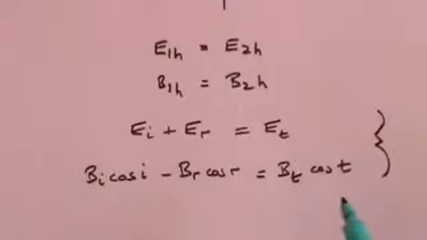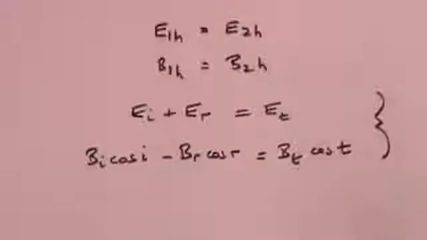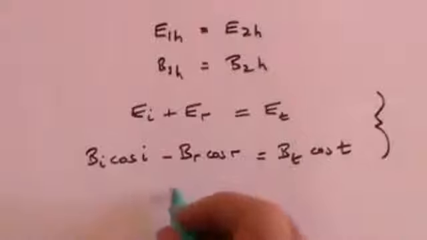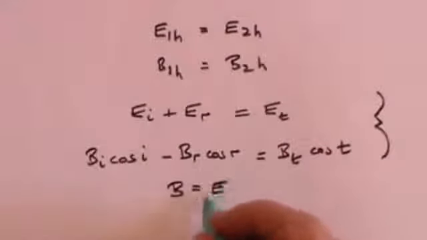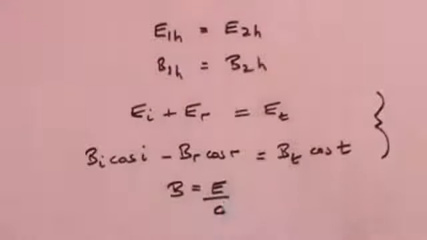So the total horizontal E fields and the total horizontal magnetic fields are the same. That's why we got those two terms. Now we can just remind ourselves of something we learned in the video on what is light: the magnitude of the B vector is equal to the magnitude of the E vector divided by the speed of light.